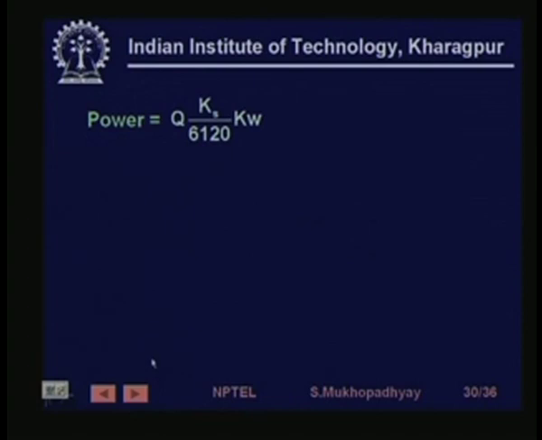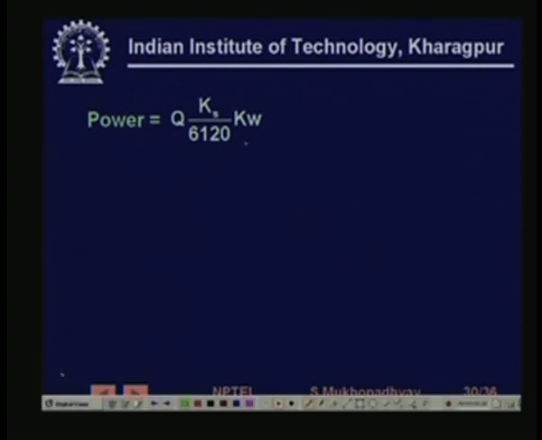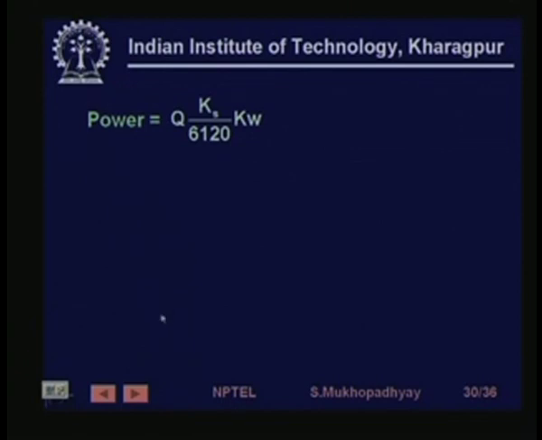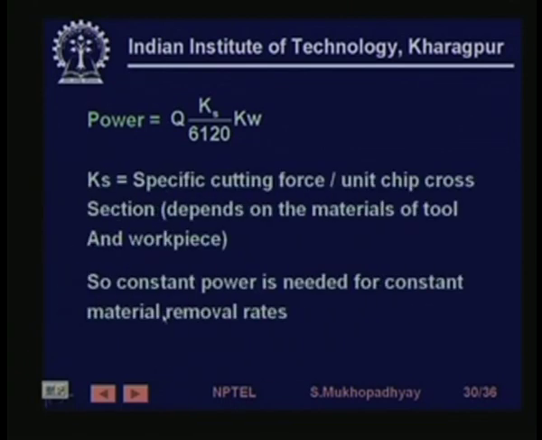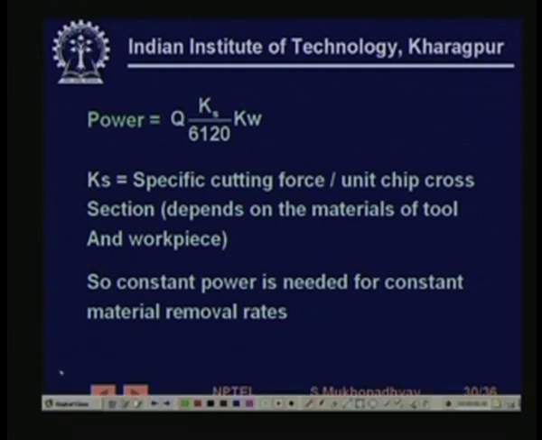Now, the power, it turns out that for the spindles the power is proportional to Q into Ks, where Ks is what is known as the specific cutting force per unit chip cross section. So, it depends on both the material and the workpiece, and Q is the material removal rate.